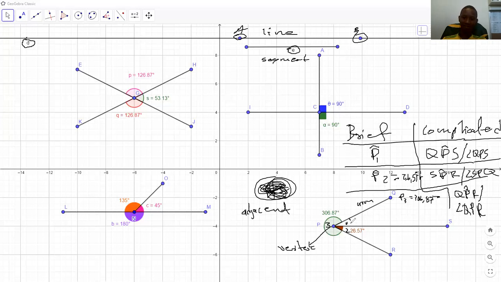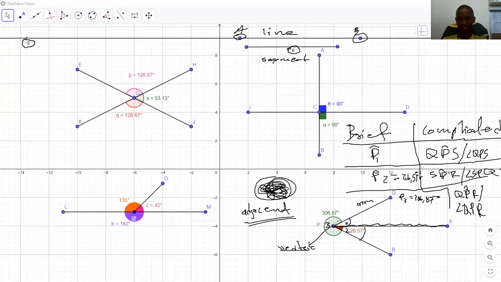So here's angle P1. It is formed between segment PQ and PS, and here's angle P2 that is formed between segment PS and PR. So because they have this common segment, we say they are adjacent, okay? That's another important word that you guys have to learn.